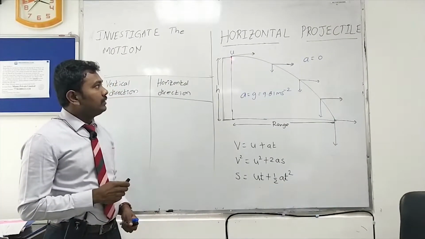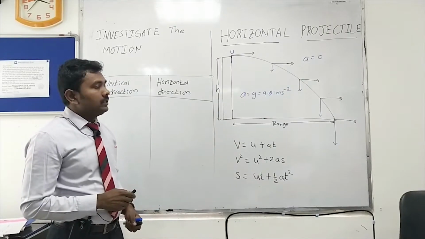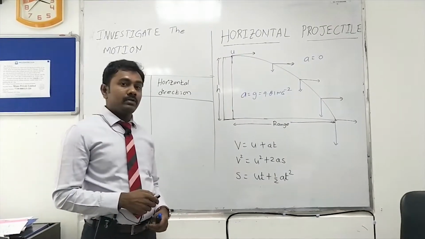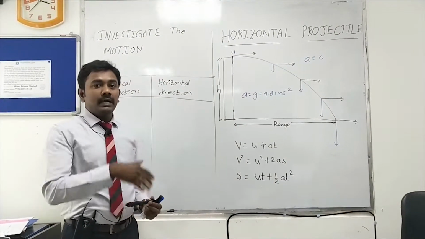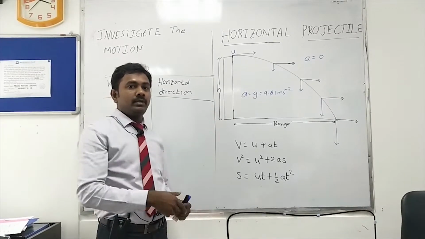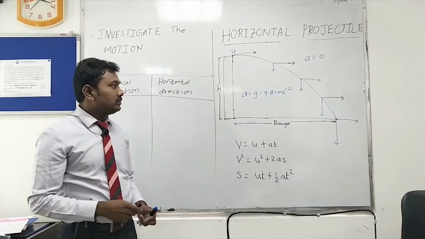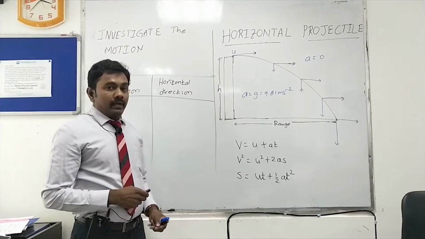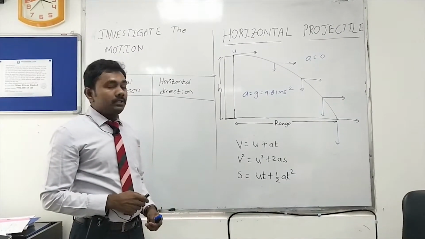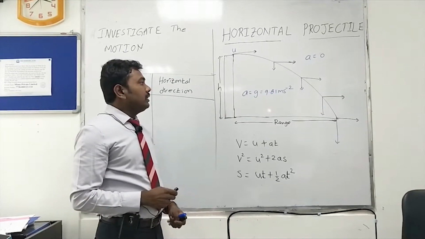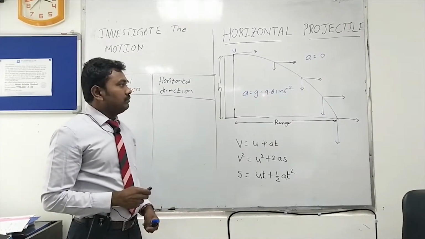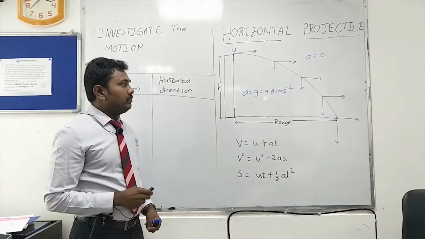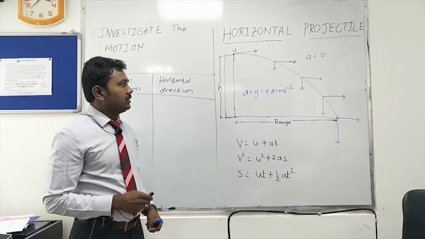However, in the vertical direction the acceleration cannot be 0, because the gravitational force is always acting on the projectile vertically. Due to this force there is an acceleration of plus 9.81 meters per second squared on the projectile.